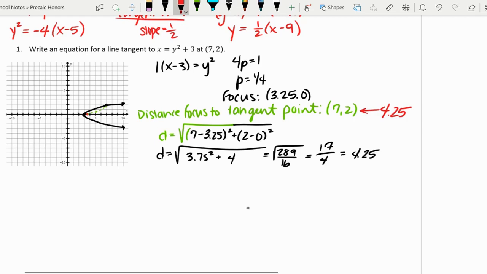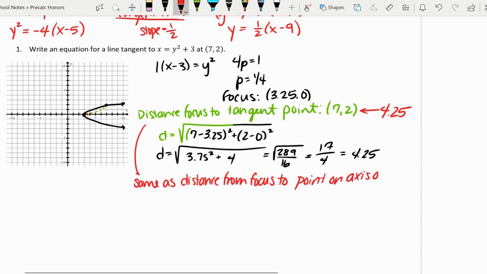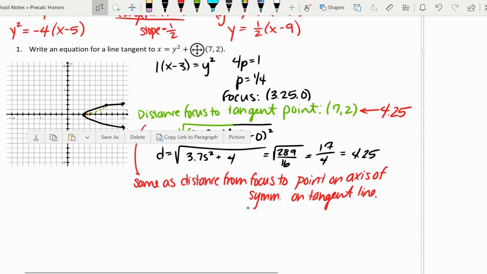Now this was important because that is the same as the distance from the focus to the point on the axis of symmetry that's also on our tangent line. So I'm going to go from the focus over 4.25, and that's beautiful because it's 0.25 right here.